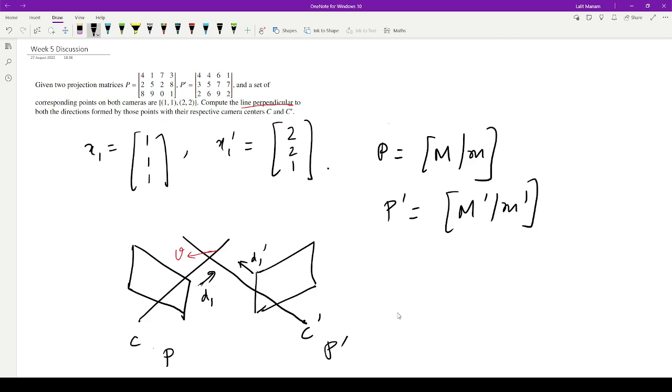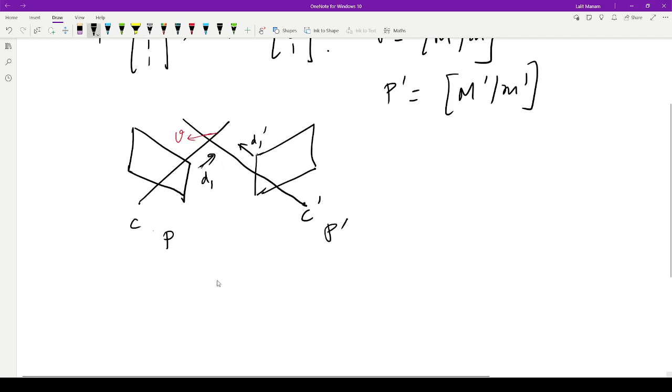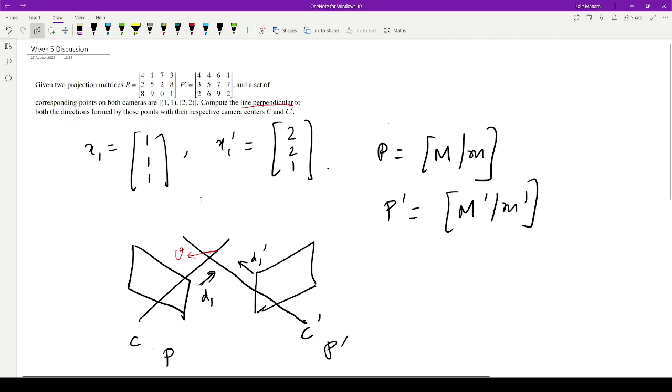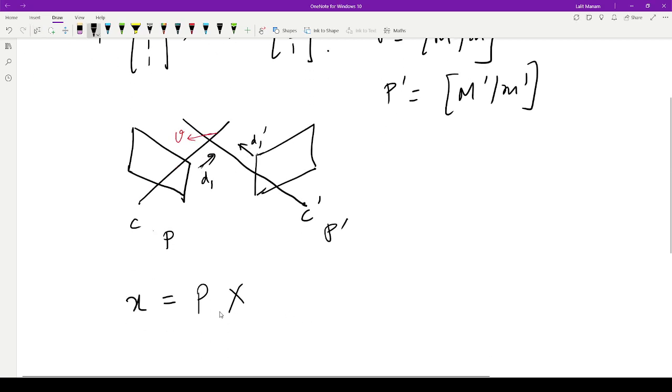If we check the simple camera projection equation, we have something like this, right? This is x. We want to find the equivalent point at infinity. So x infinity is the point at infinity.